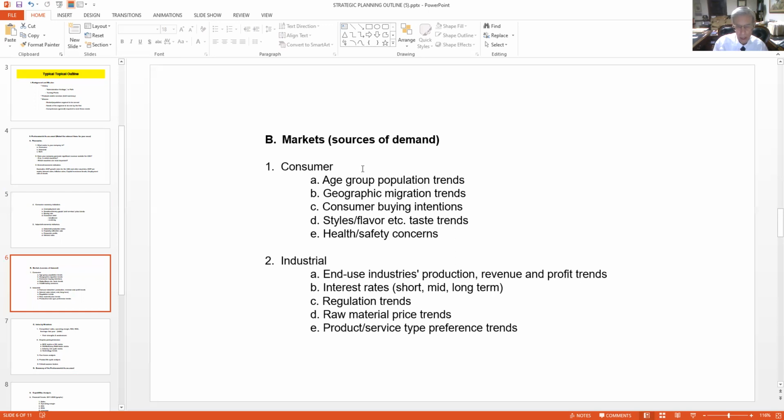And so how would we describe trends in your market? If you're talking about consumer products industries, consumer products companies, you're obviously interested in population trends, demographics, particularly age group population trends.